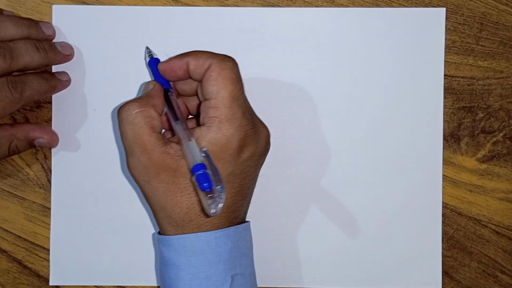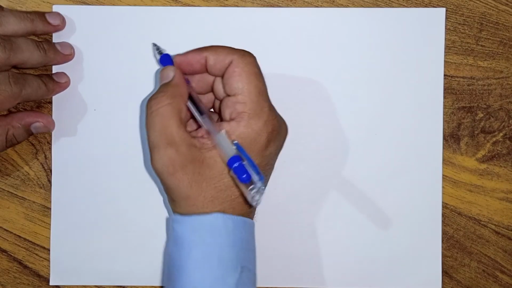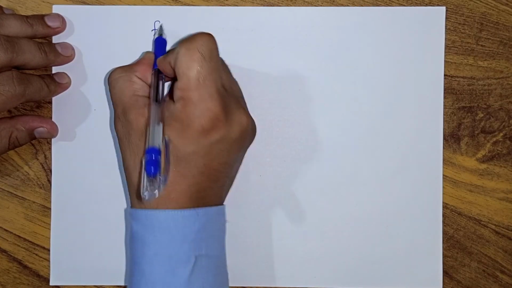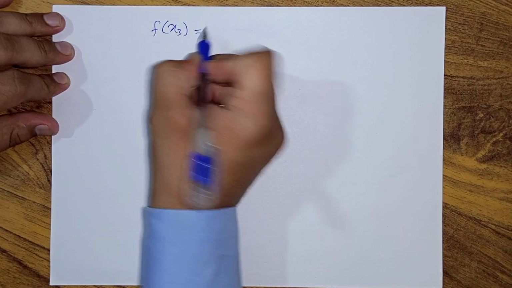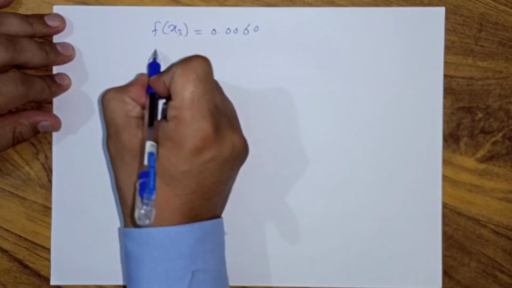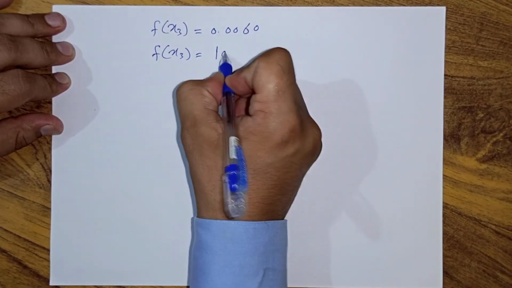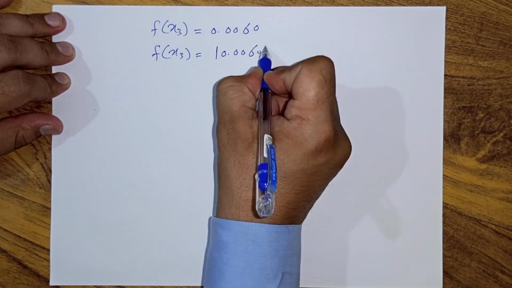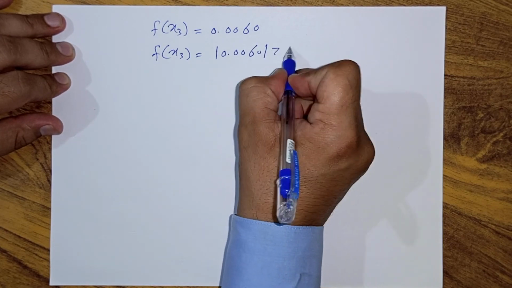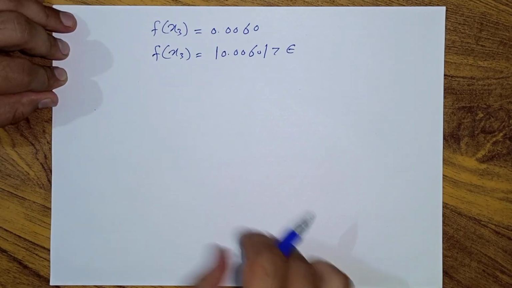Now we check step 5: f(x3) is 0.0060. The modulus of f(x3) is 0.0060, which is also greater than our convergence parameter epsilon.